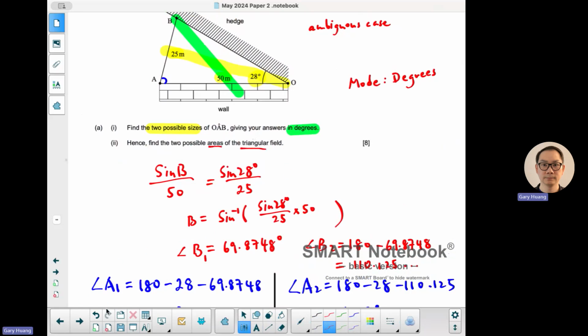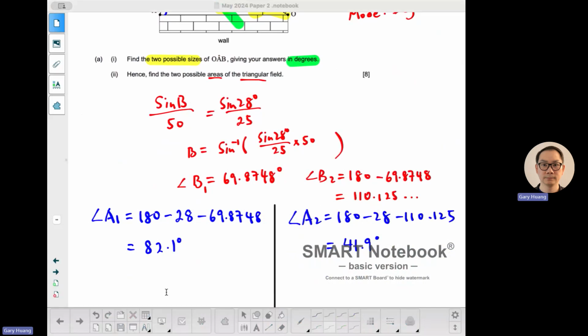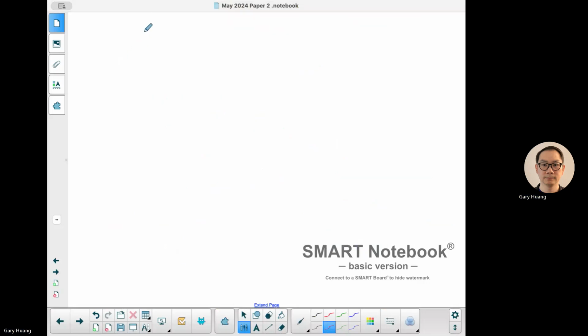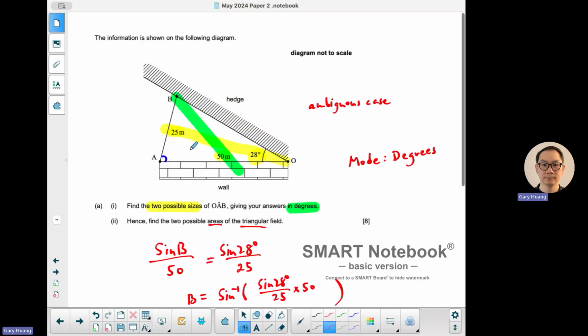The formula of the area of a triangle would be half ab sine C, basically two sides and a contained angle. So when we go back to this, we want 50 and 25 and then angle A, which we calculated.